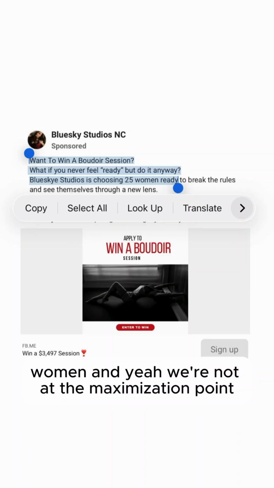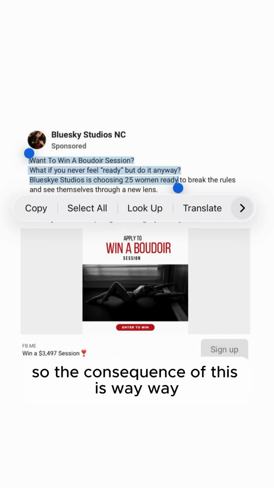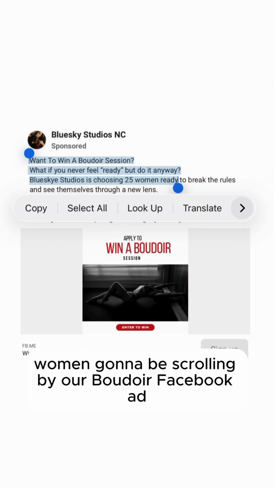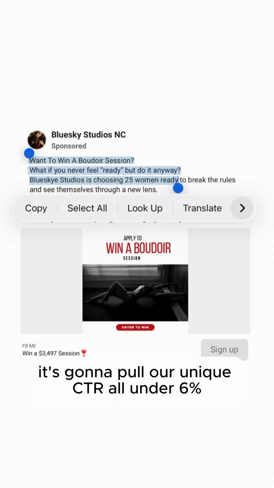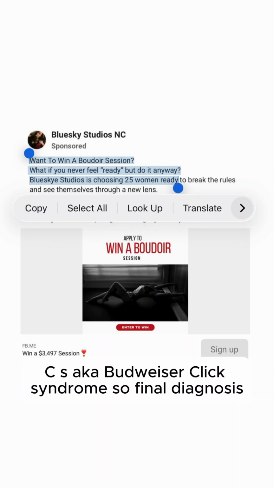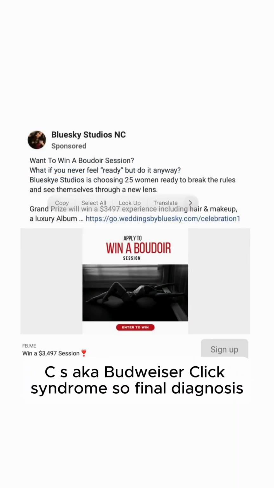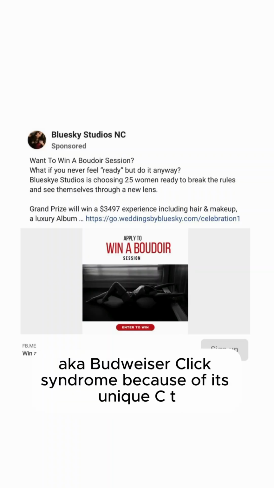And yeah, we're not at the maximization point. It's an optimization problem. So the consequence of this is way, way, way more women going to be scrolling by our Boudoir Facebook ad than necessary. And as a result, it's going to pull our unique CTR under 6% and actually increase the probability that we have BLCS, aka Boudoir low click syndrome. So final diagnosis, yes, I do believe this Boudoir Facebook ad has BLCS, aka Boudoir low click syndrome.